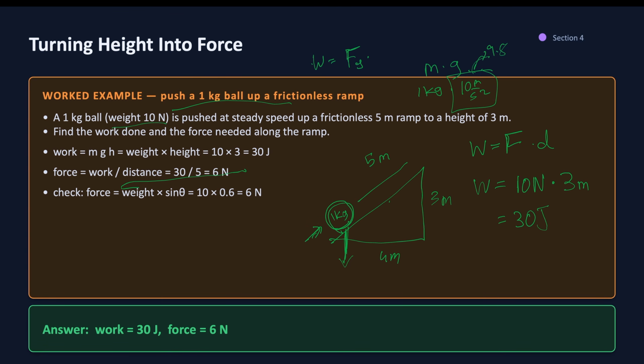The work done on the ball here, it went up 3 meters, right? So what's the force of gravity? The force of gravity is also doing work on the ball, but that force is getting rejected because you're moving it up the ramp. So the ball here gained 30 joules of energy, which means you must have been pushing it with 30 joules of energy.